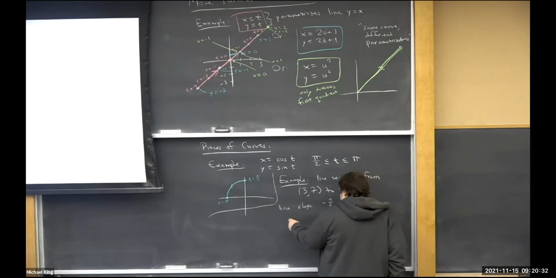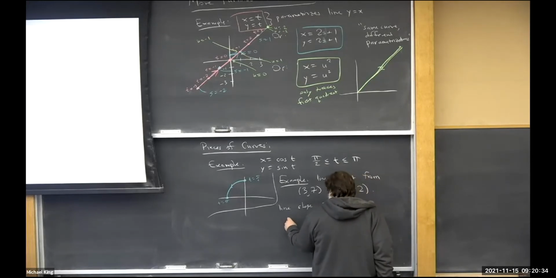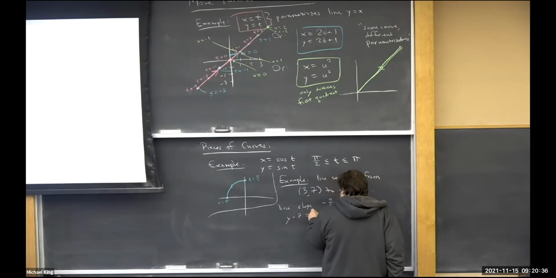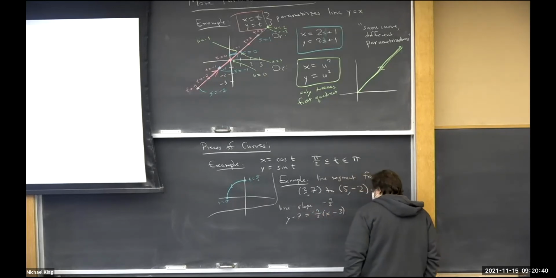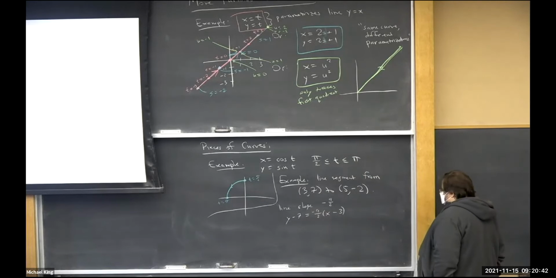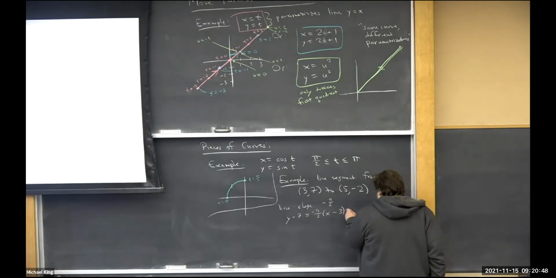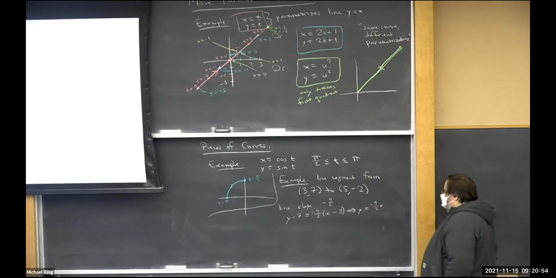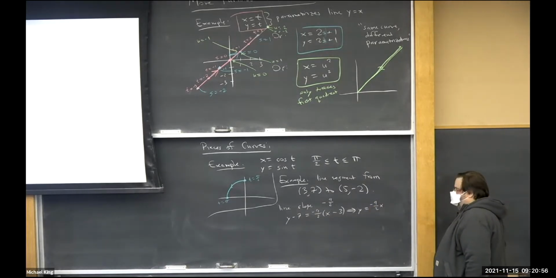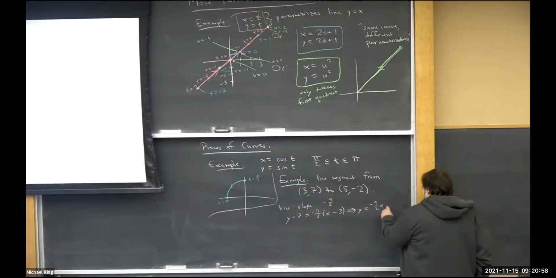And so you'd have something like y minus 7 equals negative 9 halves (x minus 3), which I picked some slightly unpleasant numbers here, which is y equals negative 9 halves x plus 27 halves plus 14 halves, so plus 41 halves.